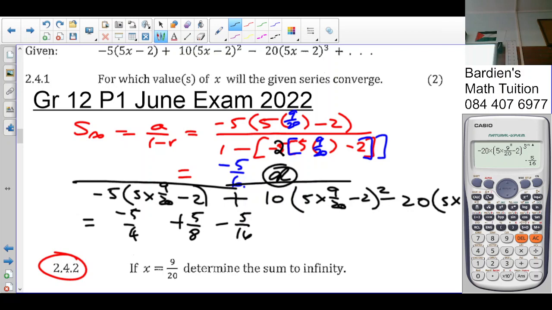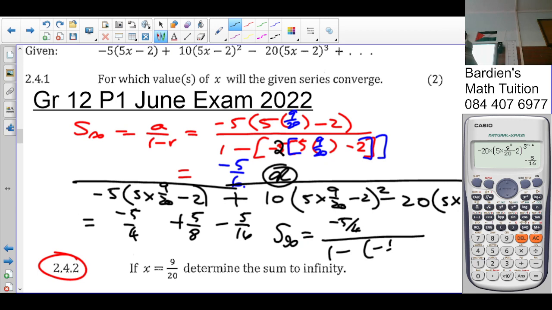So if we go with the sum to infinity here, it is a, which is negative 5 over 4, over 1 minus r. So it's negative 5 over 4 over 1 minus open brackets r. The answer is negative 5 over 6.